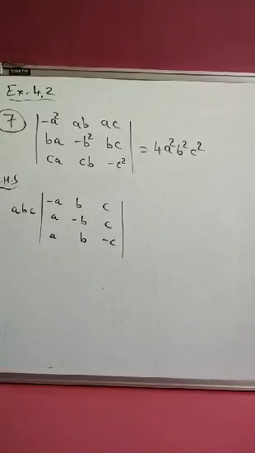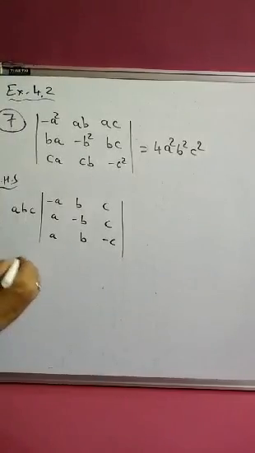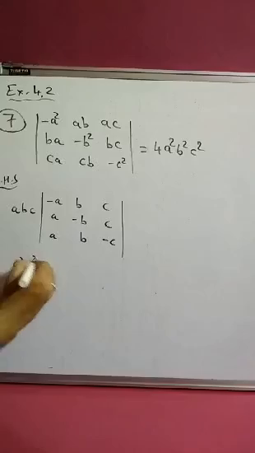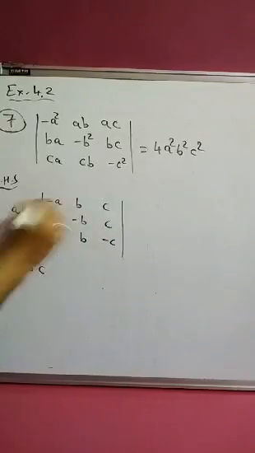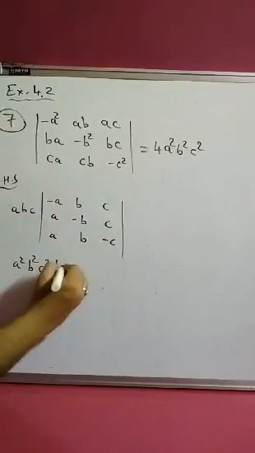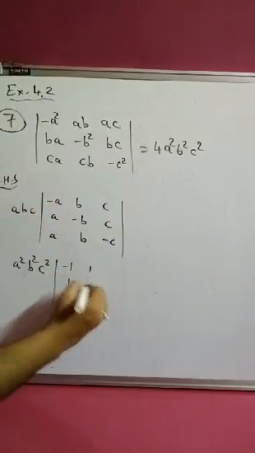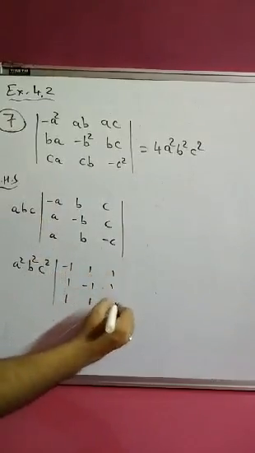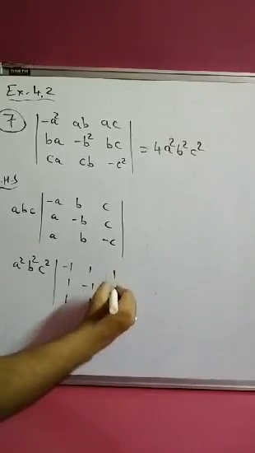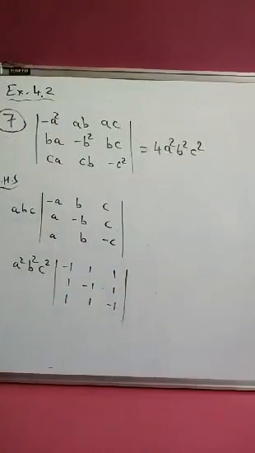Now once again from column 1 you take out A common, so A square. From column 2 you take out B, so B square. And from column 3 you take out C, so C square. The determinant has rows minus 1, 1, 1; 1, minus 1, 1; 1, 1, minus 1. If you solve this, you will get your answer 4 for this determinant.